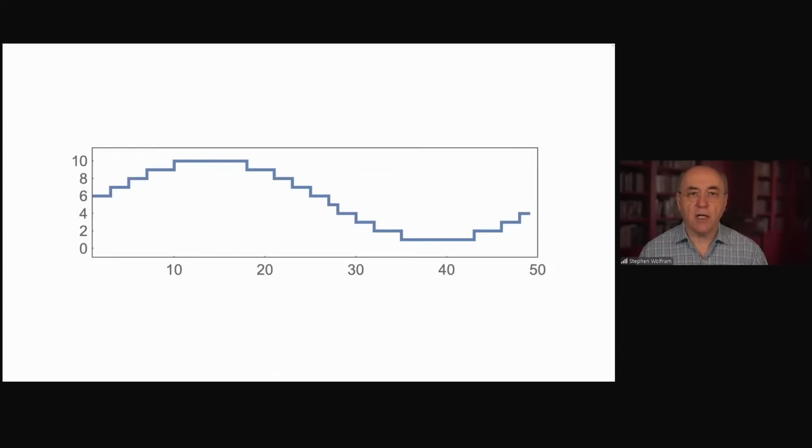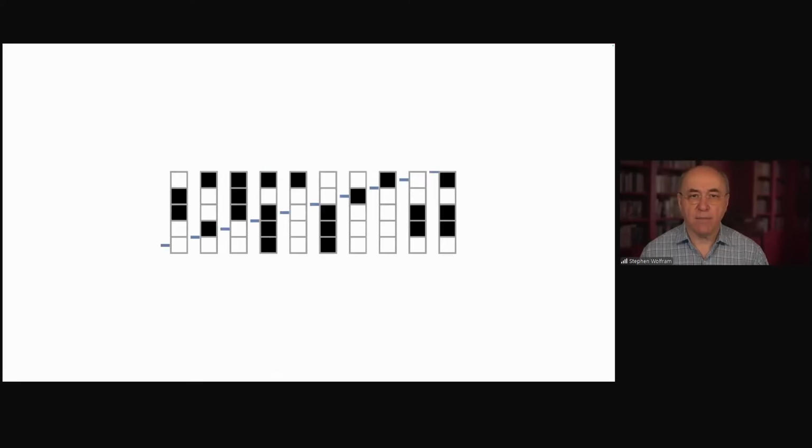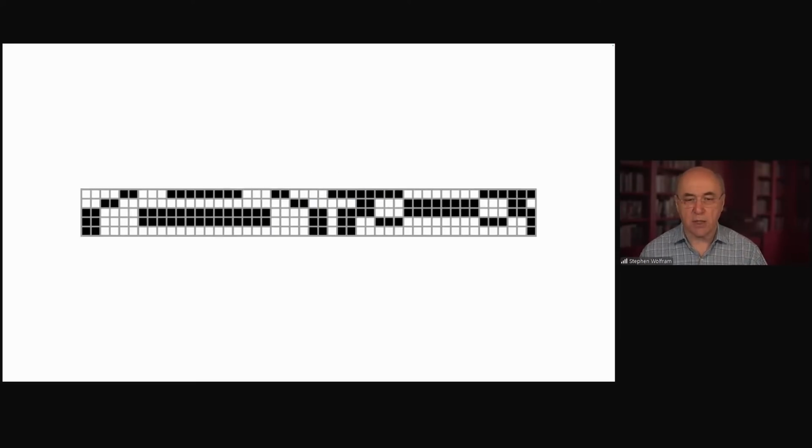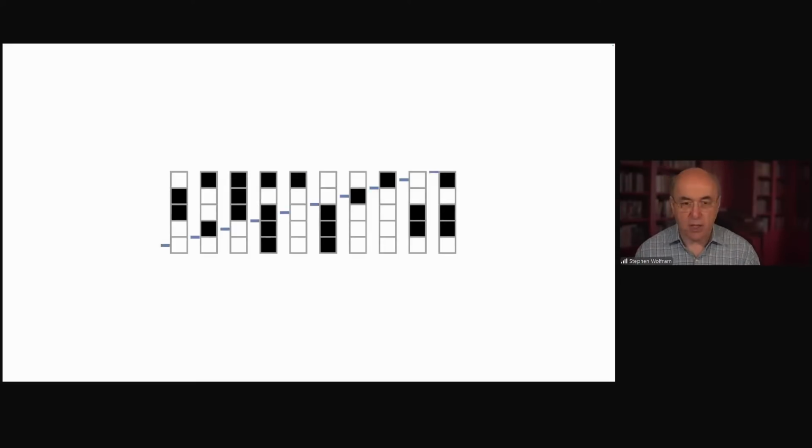We want to encode each possible value here by a vector, as in something like this. This is how our initial sequence is encoded in terms of these vectors that represent particular values of f of x.